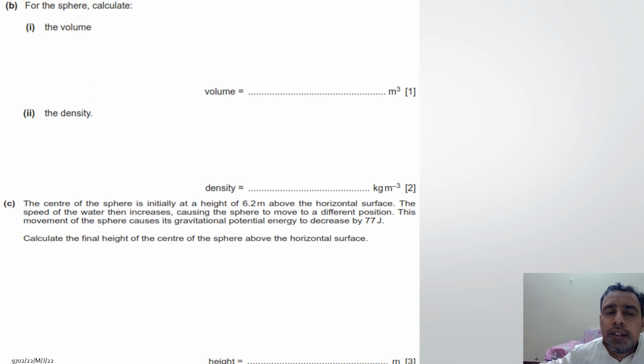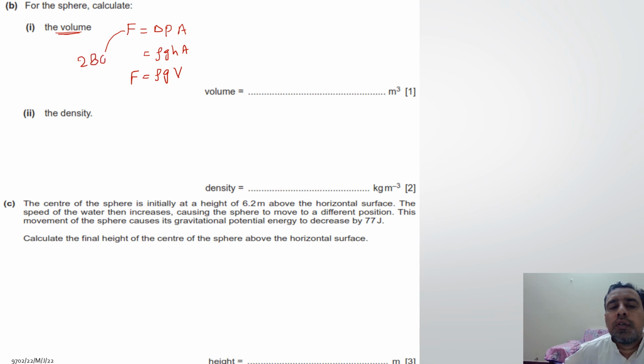In the next part, for the sphere, you have to get the volume. For the relation of upthrust, F is equal to delta P into A, and you know that it is rho g h A, also called rho g V. V stands for volume. This force is upthrust, and the upthrust is given in the question. It is 280 Newton.